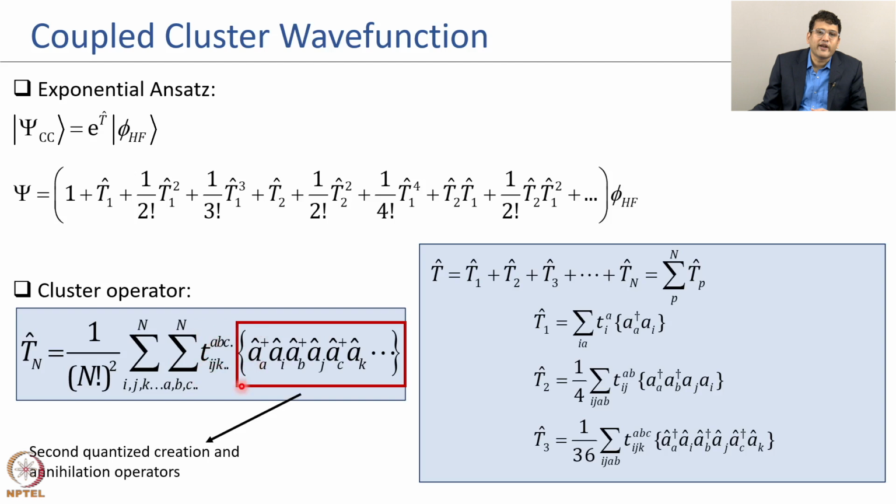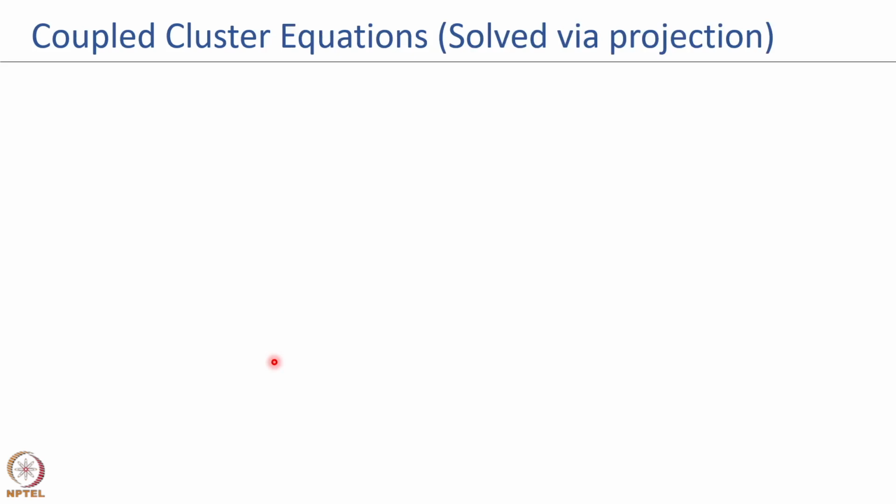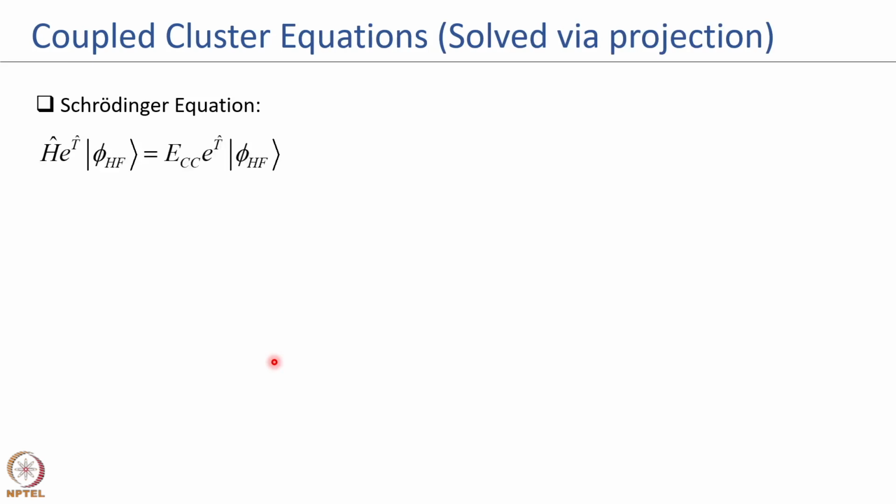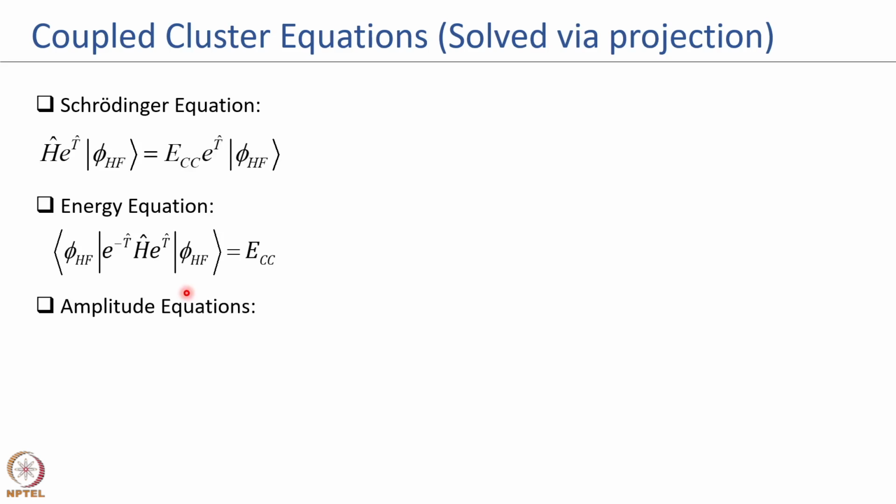They give the weightage of the generated excited determinant in the final wave function. Now, what we have seen up to now, the equations were solved perturbationally and variationally. In the case of coupled cluster, this is the coupled cluster Schrodinger equation, this is the equation for the energy and this is the equation for the amplitudes.